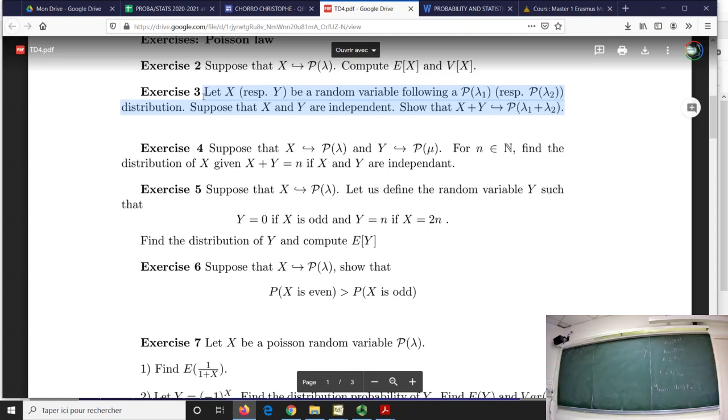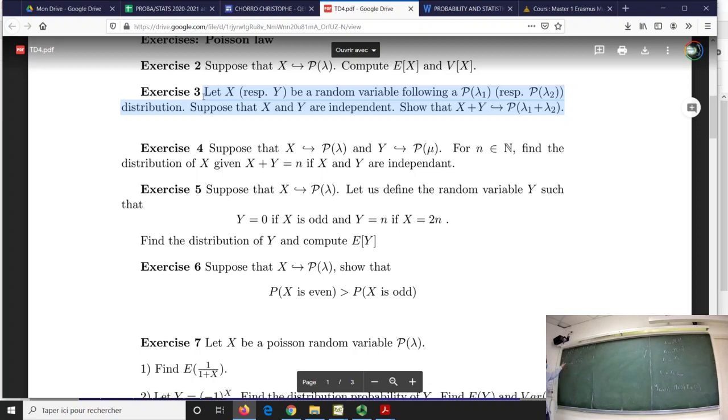It's the moment generating function of X1 and the moment generating function of X2 I have previously computed. What can I do? I can regroup the terms here in order to obtain this one.